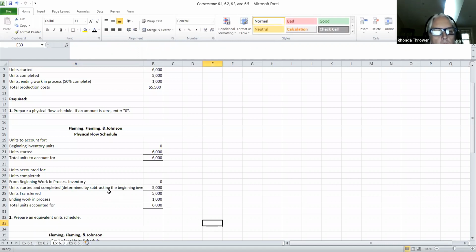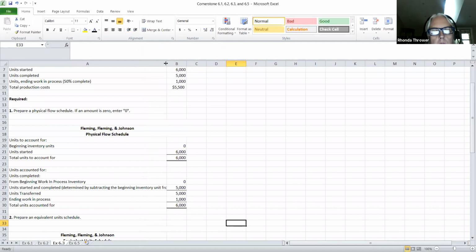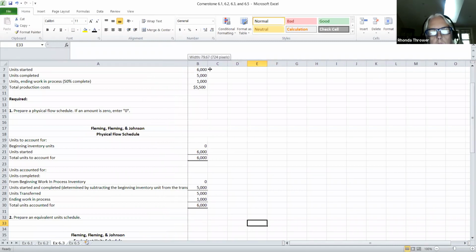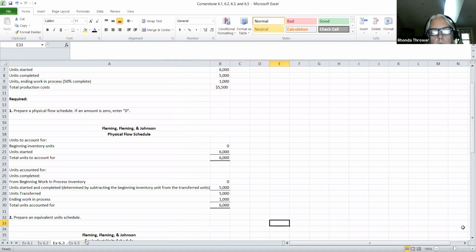So I'm going to add that so you'll know how we got that. And I'll move this over just a little bit so you can see the whole thing. All right, so this is how you could have got that. By subtracting the beginning inventory, which was 0, from what we transferred, it will give you the started and completed units.